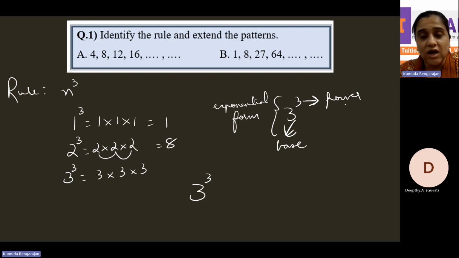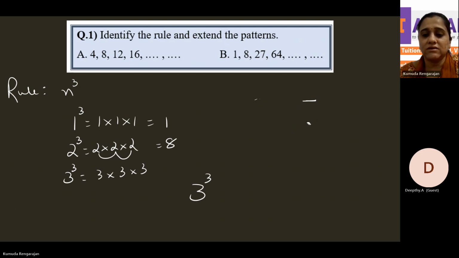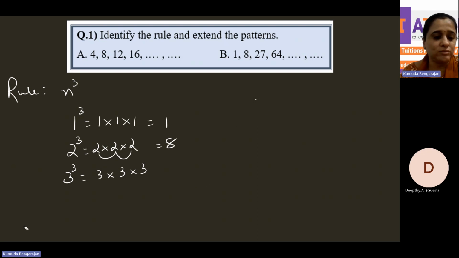Now the power says how many times the base has to be multiplied with itself. I haven't finished, please listen to me completely and then you can ask me if you have any questions.